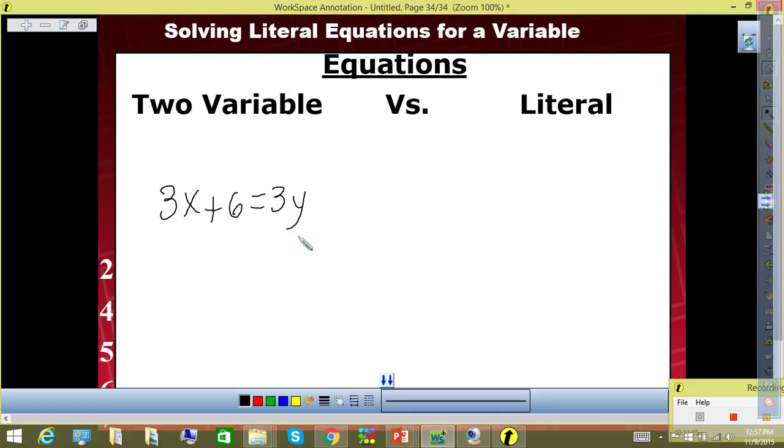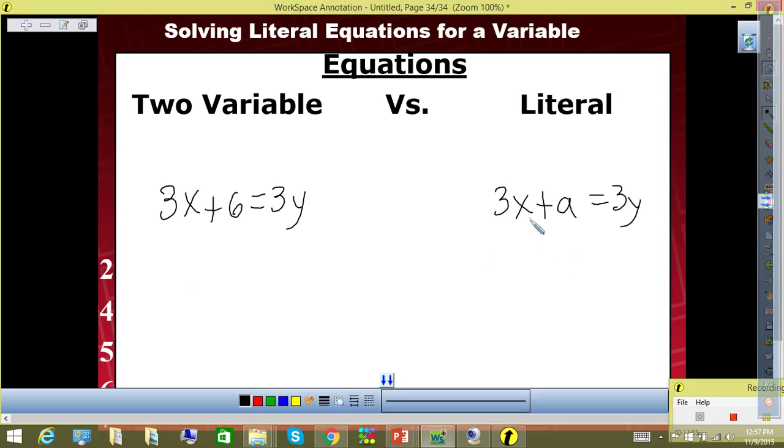Plus 6 equals 3y. Does everybody agree that's a two-variable? Okay. Can I get a volunteer to change that one into a literal equation? Jonathan. 3x plus a equals 3y. Hands if you agree that's a literal equation. That is correct because it has how many variables? At least 3 or more. Are we there? Does everybody understand the difference?